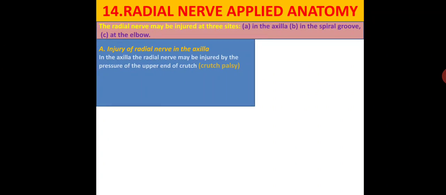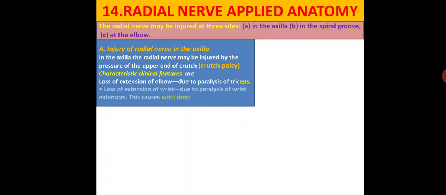When it is injured in the axilla by using a crutch, this is known as crutch palsy. The characteristic features of crutch palsy are that injury at the axilla mainly causes paralysis in the arm region.